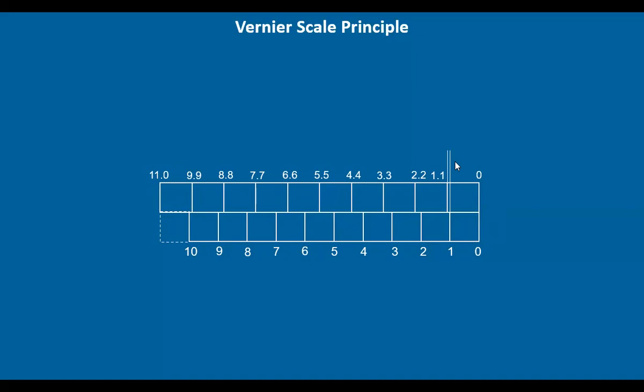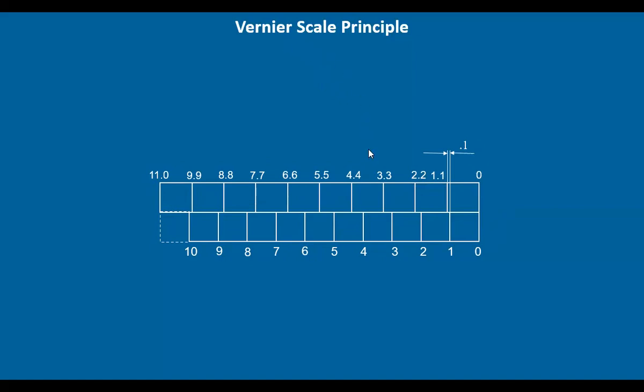That means the small gap here is 0.1 centimeter. That means if you take 1 unit here, you get 0.1 unit here on the Vernier scale. This is called the Vernier scale. So like this, we can get the next unit also using this Vernier scale.